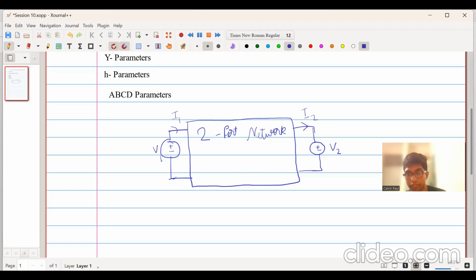So you have to be very careful while solving, and make sure that the direction of current as well as the direction of voltage are as required. Just go back to the original configuration, that is, the direction of current must flow into the network.